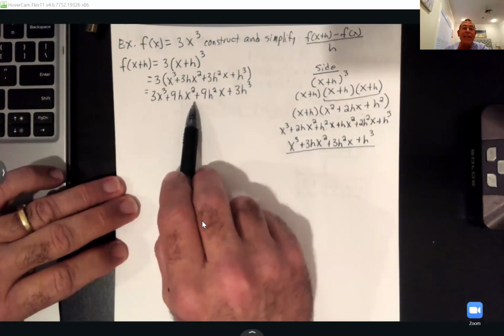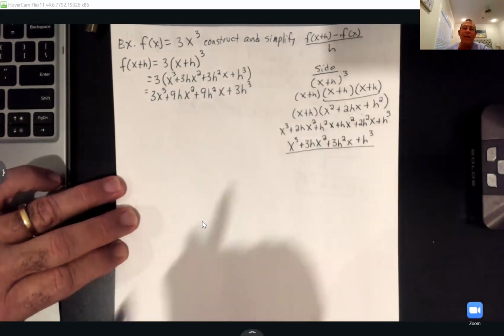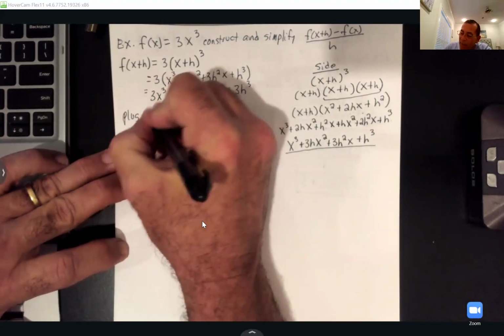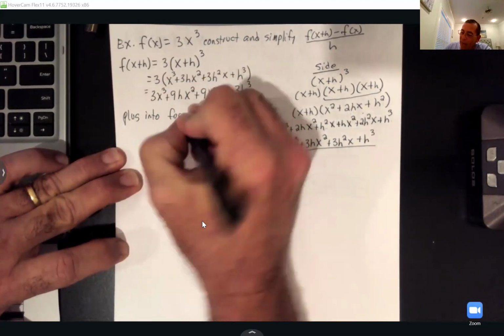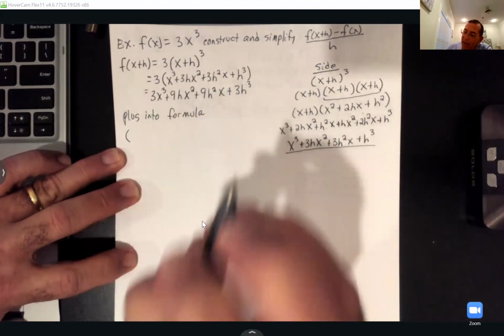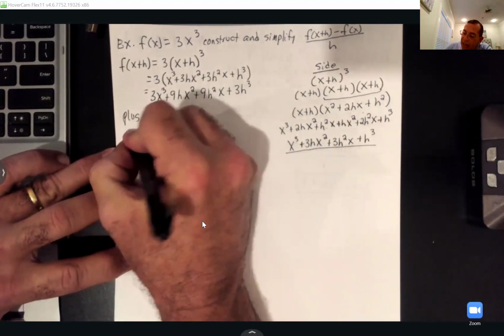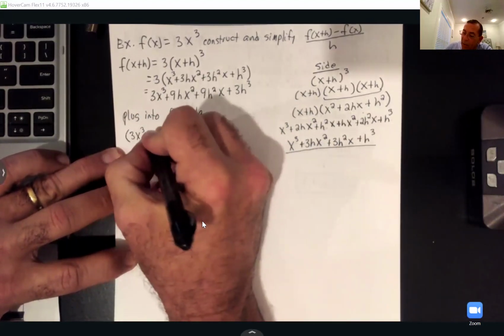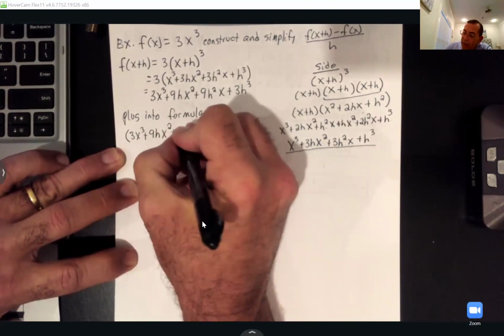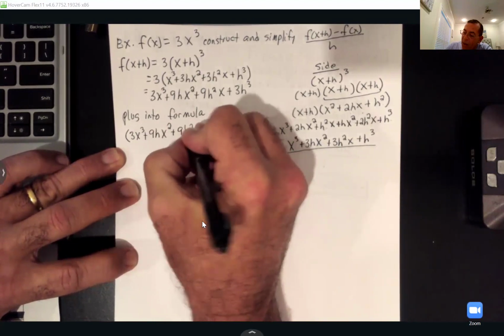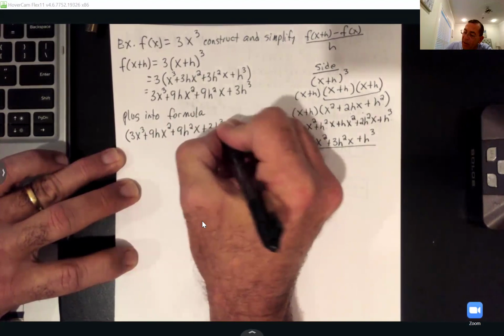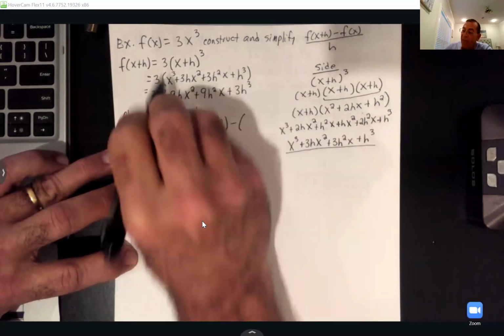But y'all, no more like terms here. So all of this is now f of x plus h. So let's plug into the formula. f of x plus h, 3x cubed plus 9hx squared plus 9h squared x plus 3h to the third, minus f of x.